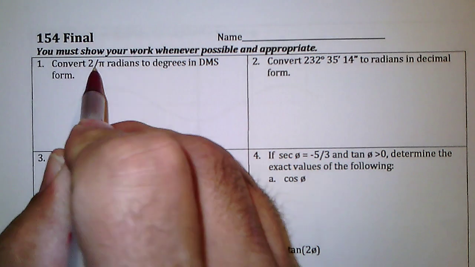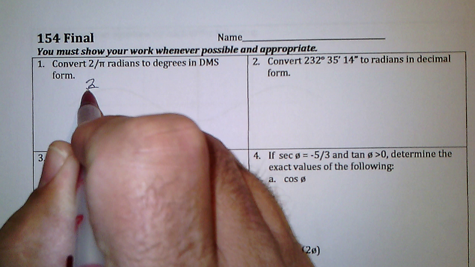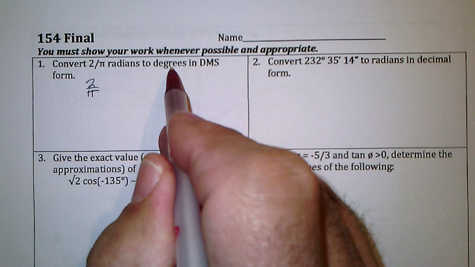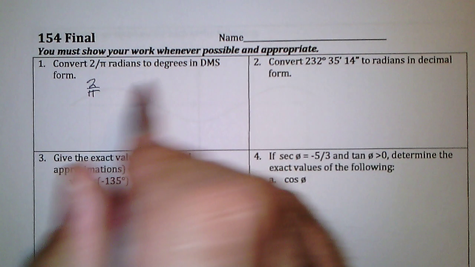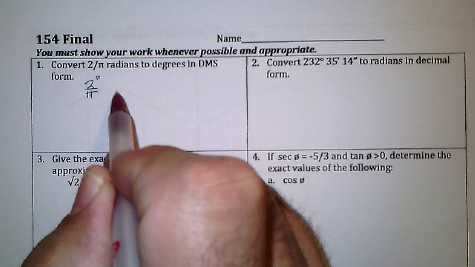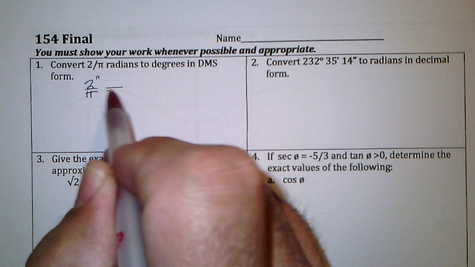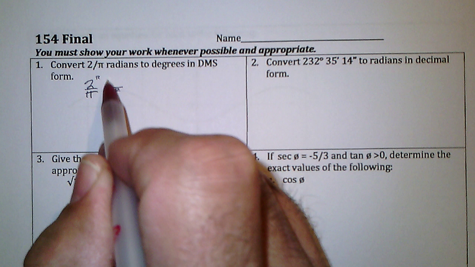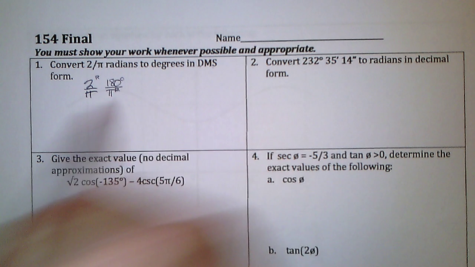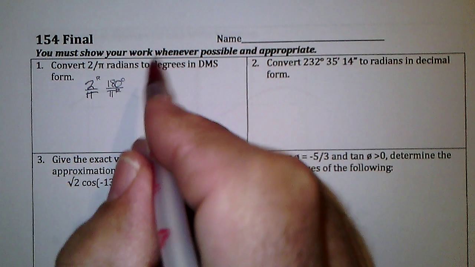So convert 2 over pi radians to degrees in minutes and seconds. If this is in radians, we want the radians to cancel, so we'll put pi radians in the denominator, which is 180 degrees in the numerator, and we'll multiply this.